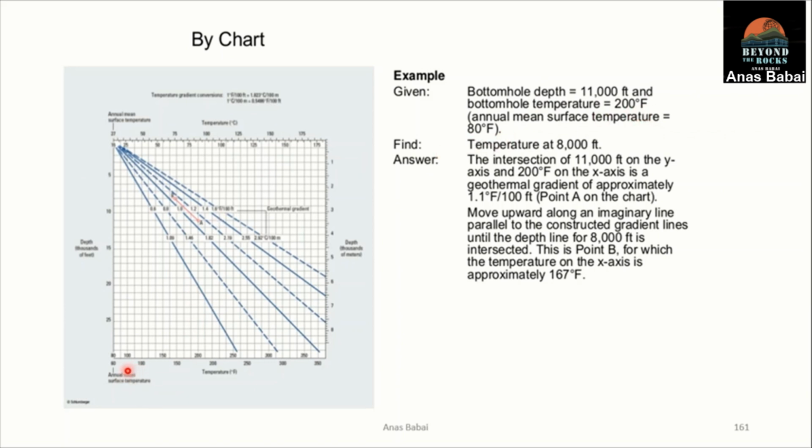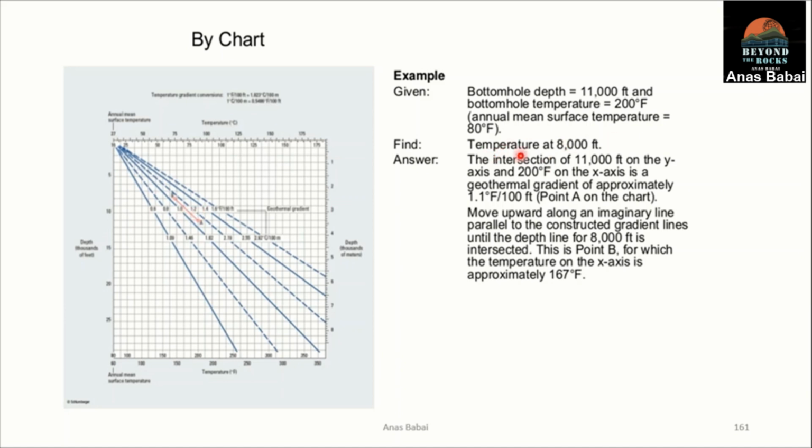We go to the x-axis and look for 200 Fahrenheit, which is this value. The bottom hole depth of 11,000 is on the y-axis. This is 5,000, this is 10,000, so this is 11,000. The intersection of the two lines is this dot, 200 with 11,000. This is the intersection. We draw a parallel line.